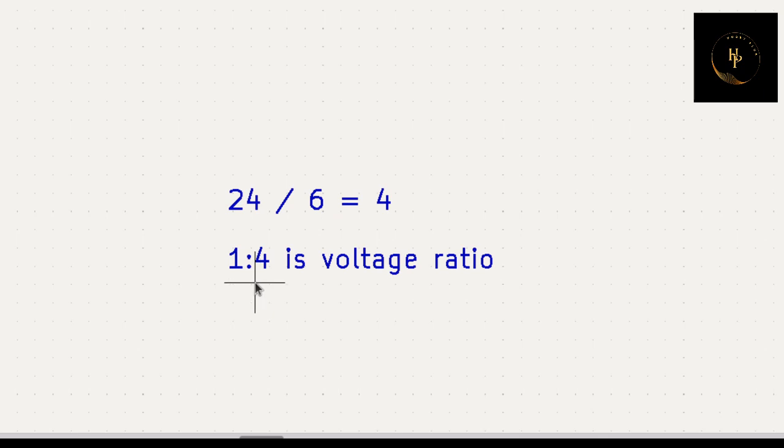That means 1:4 is my voltage ratio. If you have any doubt, please ask me why. That is your input voltage and that is your output voltage. I just divide input voltage by the output voltage, so I get this result. That means 1:4 is your voltage ratio.